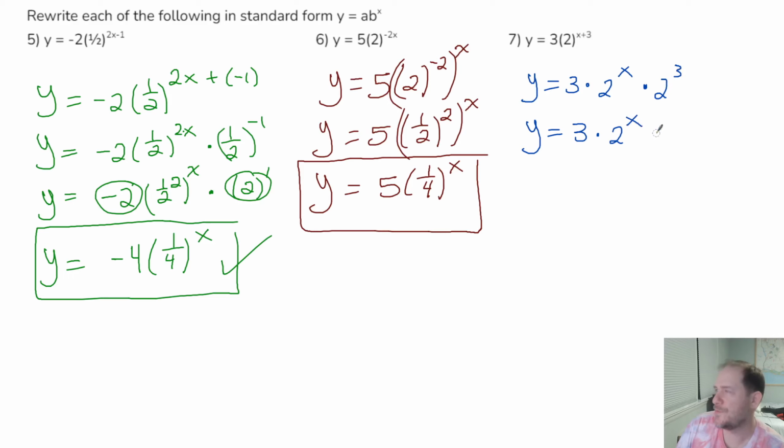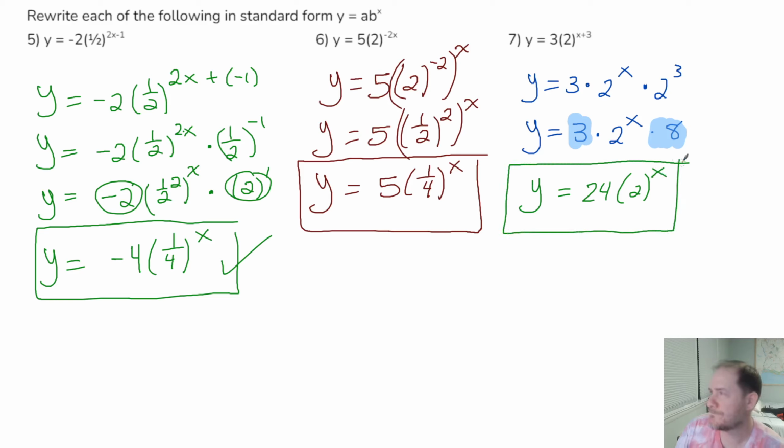But a 2 cubed makes an 8. And because that 8 is a whole number, you would just go ahead and combine that with the other whole number. Just do 8 times 3 and make your coefficient 24. And that's it. Yep. All right, moving on.